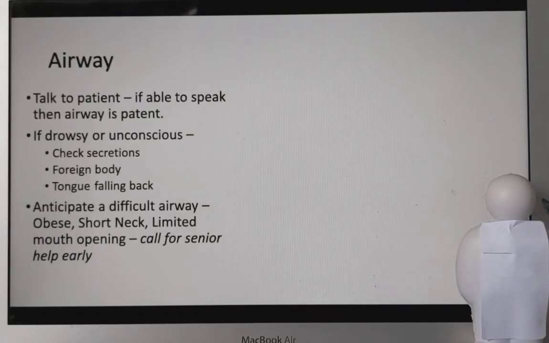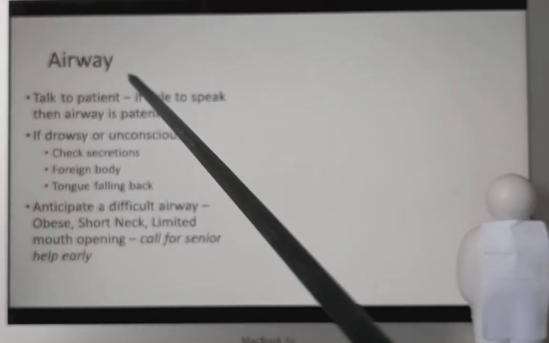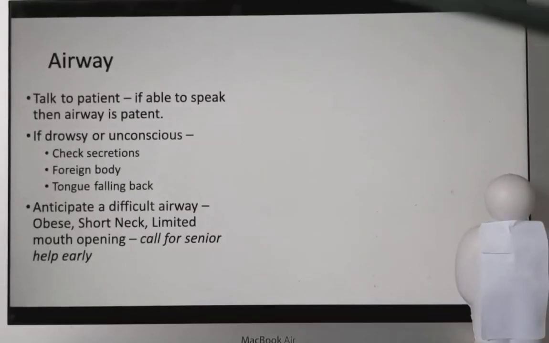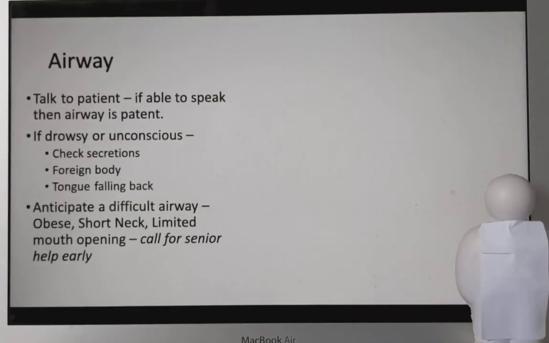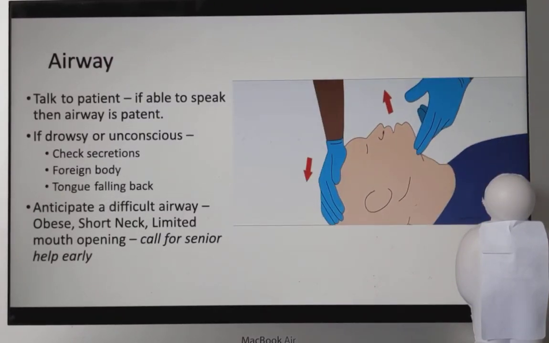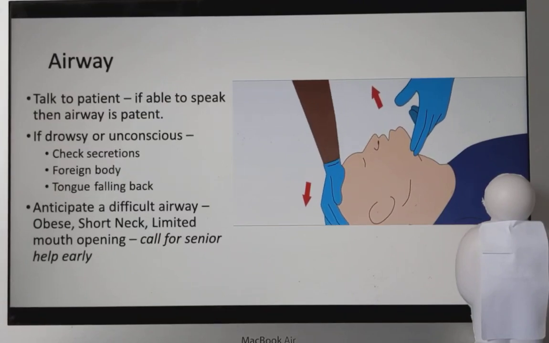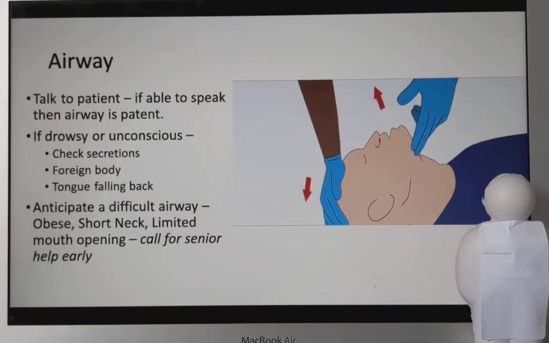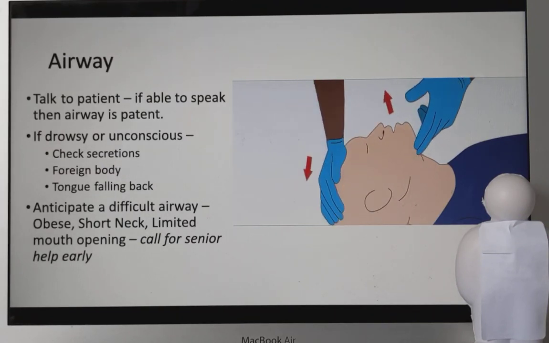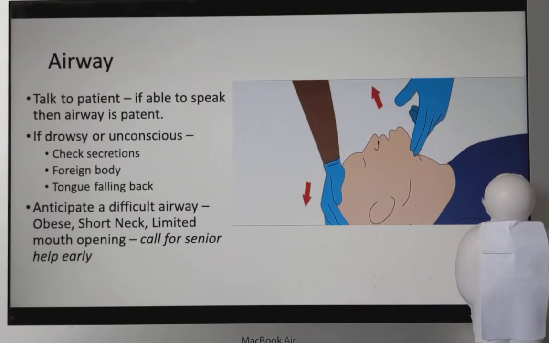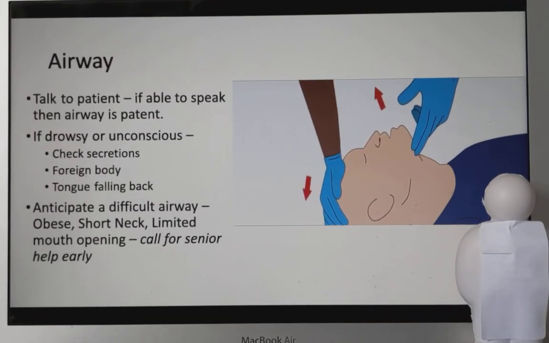Now, airway is basically, as you consider this word, air, way of the air. So the passage of the air from your mouth and nose to the lungs is considered to be airway.